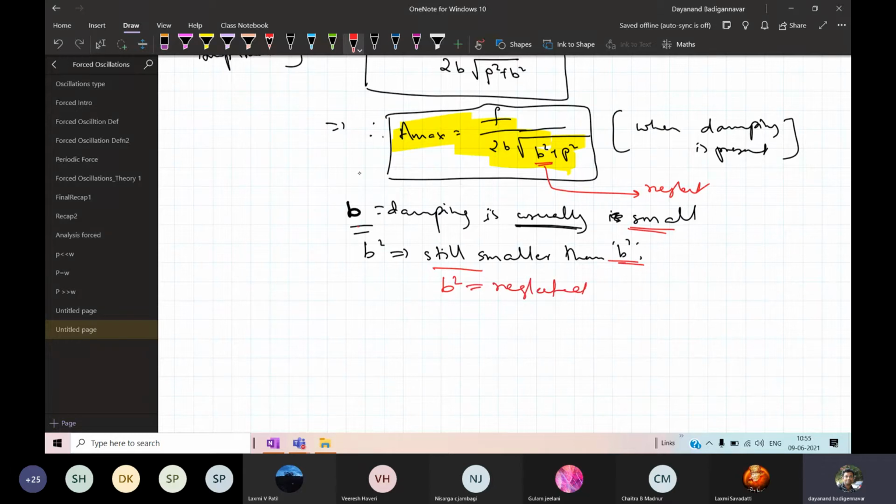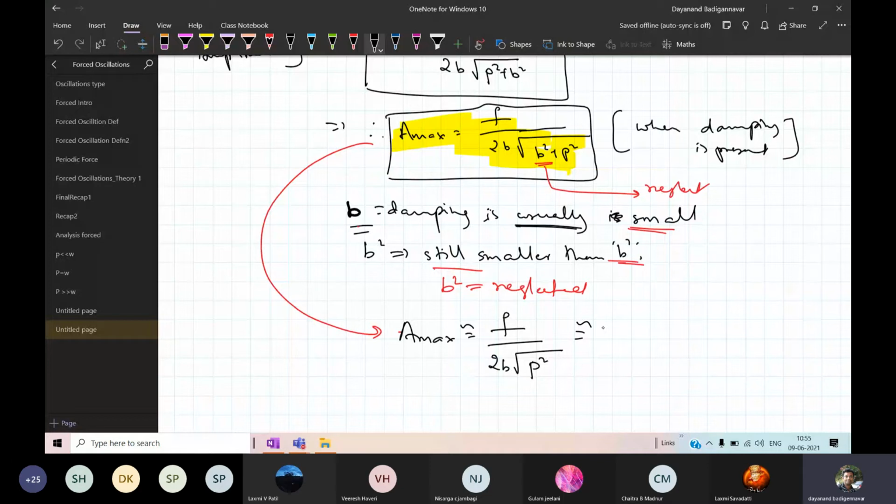If I neglect that and write the equation again, A max or maximum amplitude is equal to f divided by 2b into root of p square, which is p. Therefore it is almost equal to f divided by 2bp. So maximum amplitude in case of damping also is f divided by 2bp. So almost, not exactly.